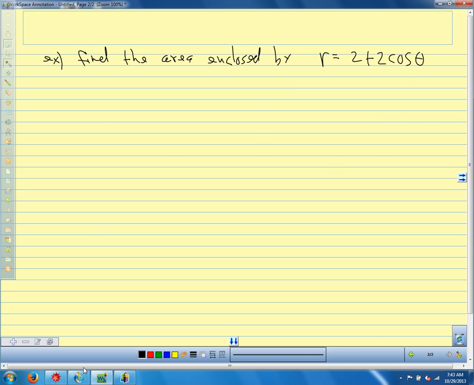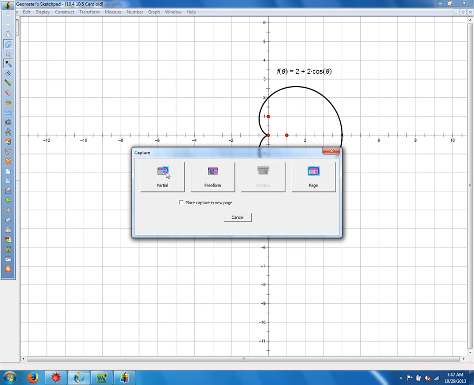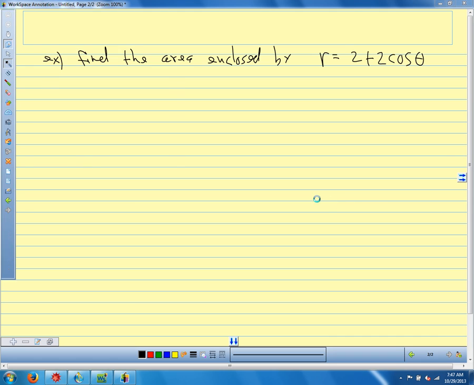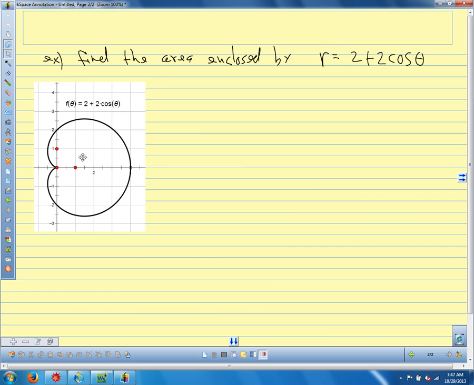So let me grab a picture here. We've talked about this cardioid before. So there's our cardioid. One thing that we want to be careful with when we're finding areas of polar regions is we need to make sure of our limits of integration.